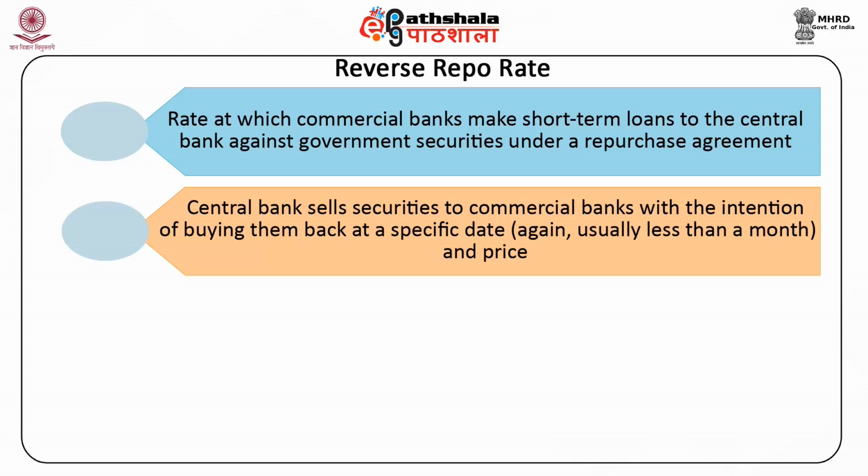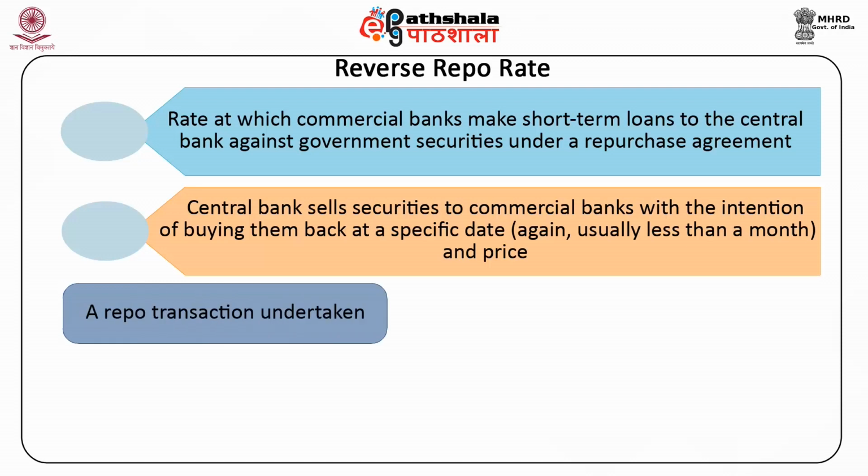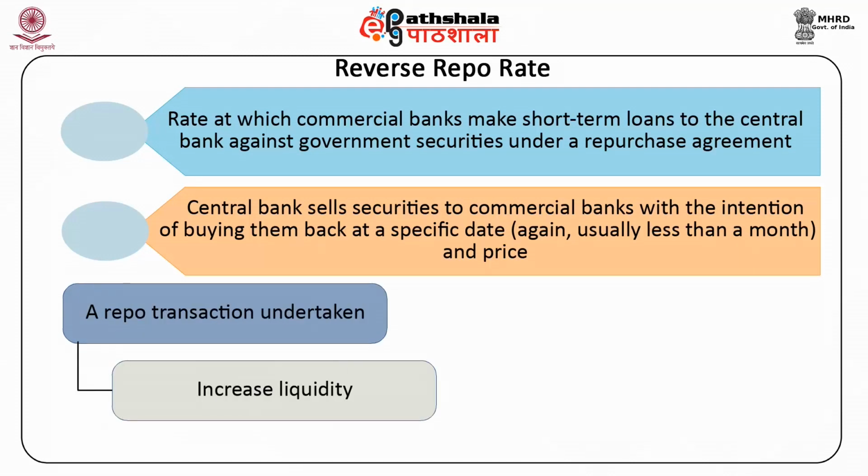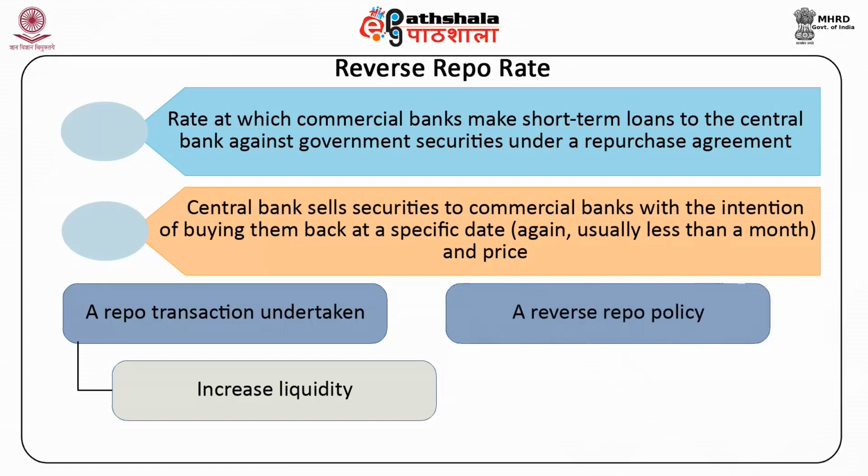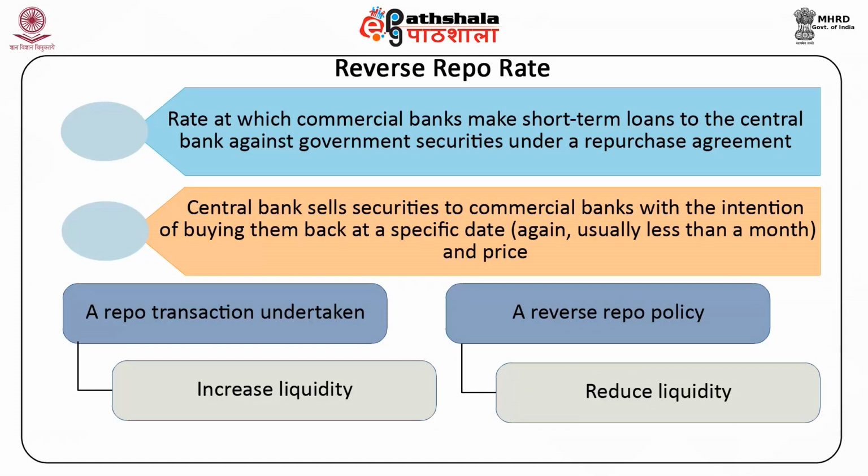Usually, the repo rate serves as the basis when commercial banks set their lending rates. A repo transaction is undertaken to increase liquidity, while a reverse repo policy is used to reduce liquidity in the economy.